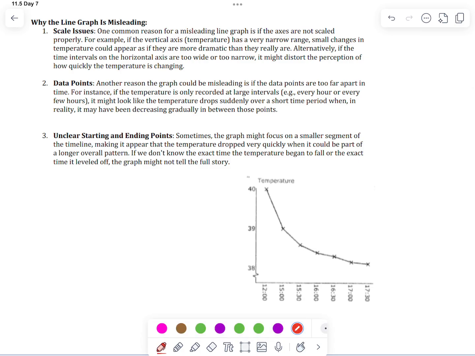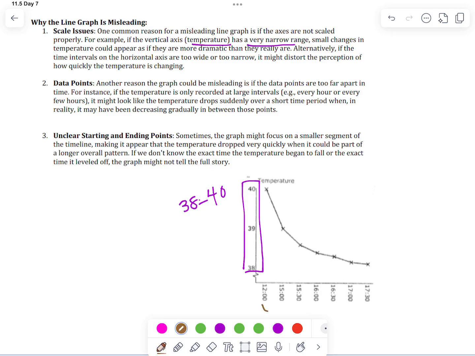So again, the temperature range is only from 38 to 40. So a pretty narrow scale. And alternatively, the horizontal axes could be too wide.